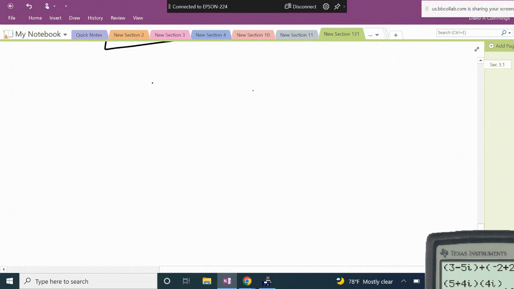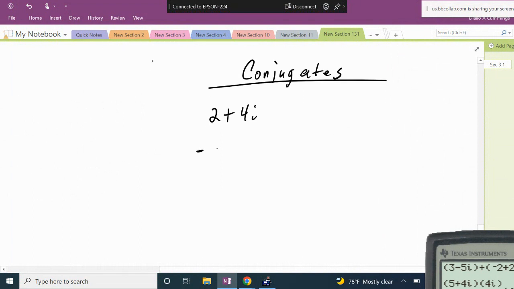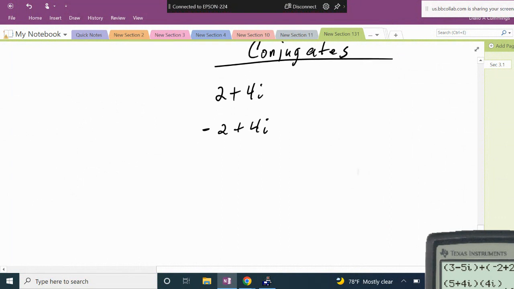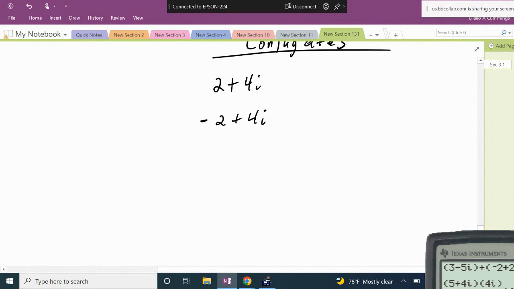and let me give myself a little bit of room over here. Right. So for example, let's say we have 2 plus 4i. We have negative 2 plus 4i. Negative 2 minus 2i.